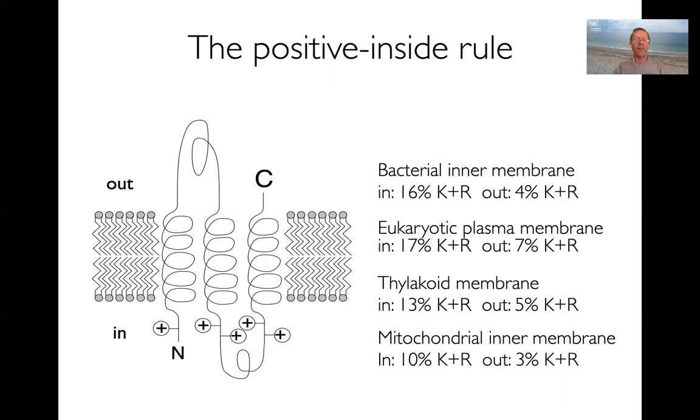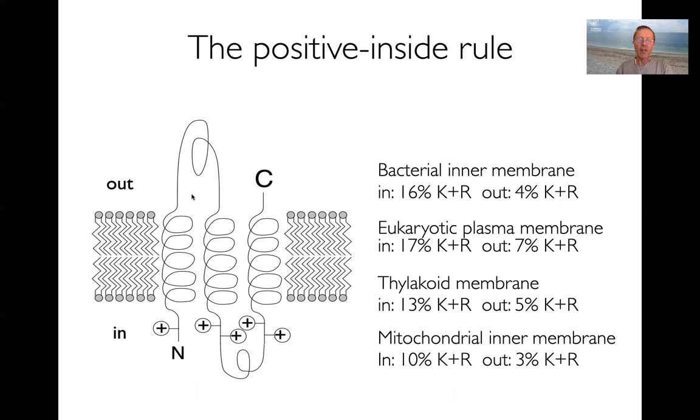And finally, there is a very strong bias in the distribution of positively charged residues, lysines and arginines, between the loops that face the inside of the cell and the loops that face the extracellular space that are on the outside of the cell.